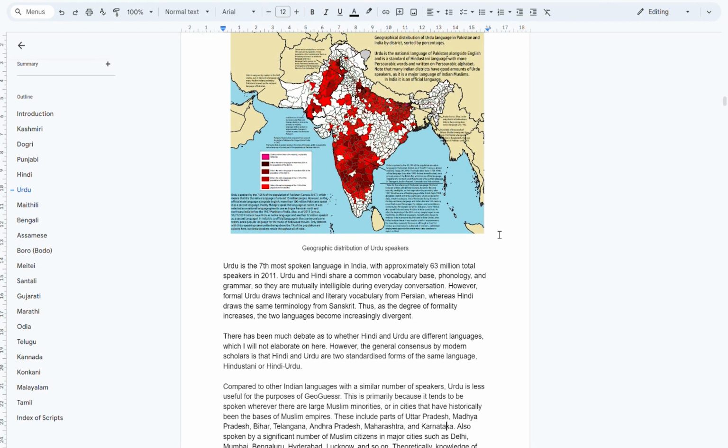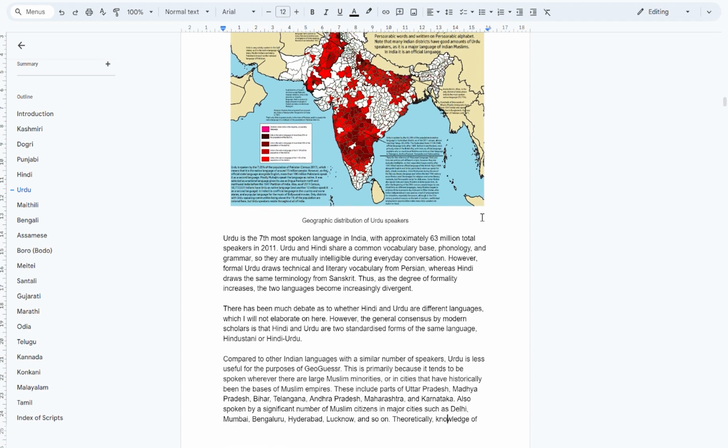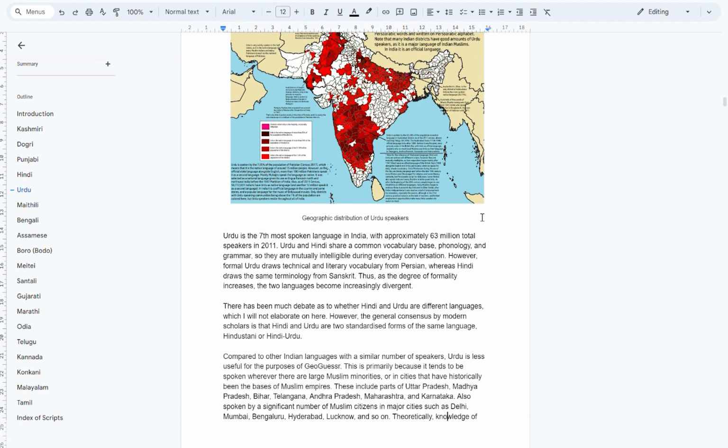So these include parts of Uttar Pradesh, Madhya Pradesh, Bihar, Telangana, Andhra Pradesh, Maharashtra, and Karnataka. So a whole lot of states in the north and in the south. It's also spoken by a number of Muslim citizens in major cities: Delhi, Mumbai, Bengaluru, Hyderabad, Lucknow, and so on.